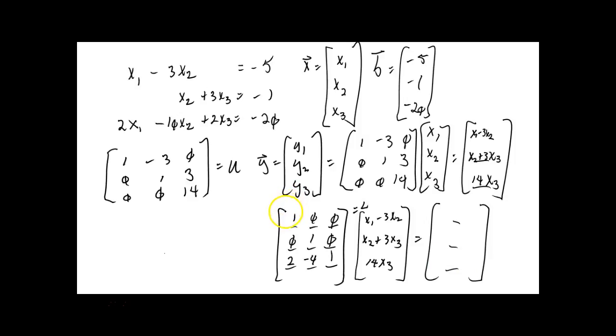And the first two are pretty easy. x1 minus 3x2. x2 plus 3x3, right? The last one takes a little bit more effort. 2 times the top, that would be a 2x1 minus 6x2. Does everybody see what I'm doing?